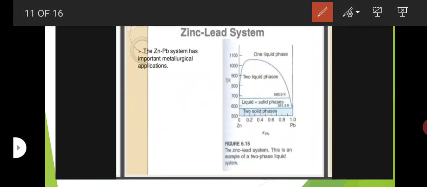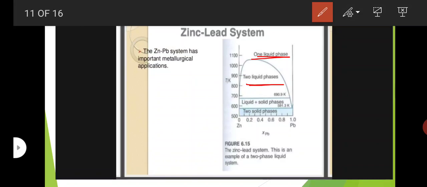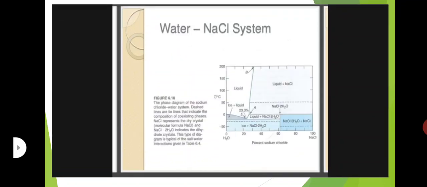In this diagram, this is two liquid phases and here only one liquid phase is present and here two solid phases are present. Okay, two solids, liquid plus solid, two liquids and one liquid phase. Okay, these are the phases of the zinc lead system.